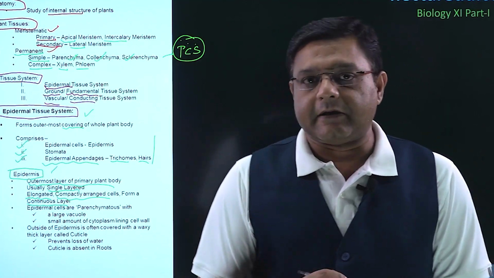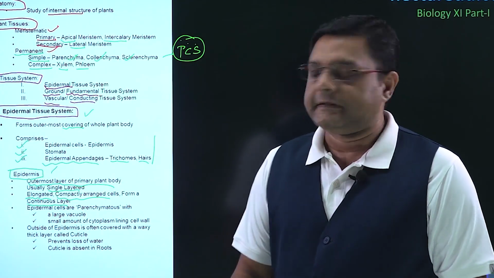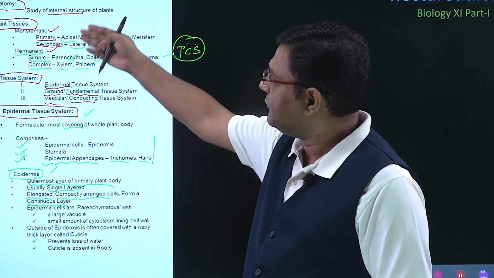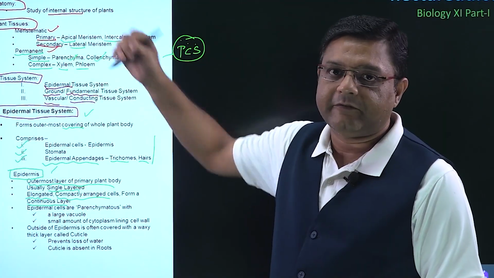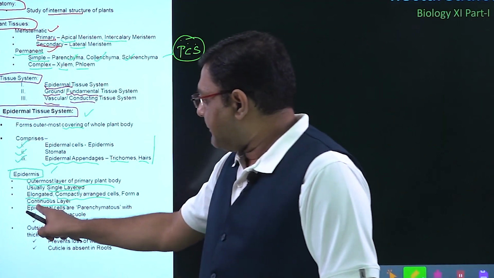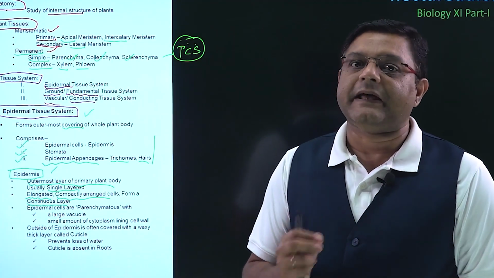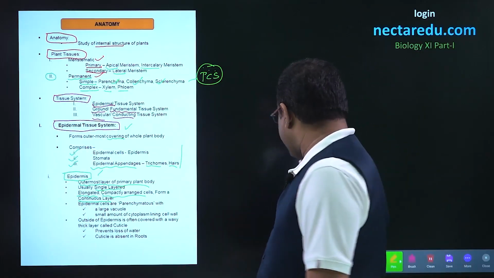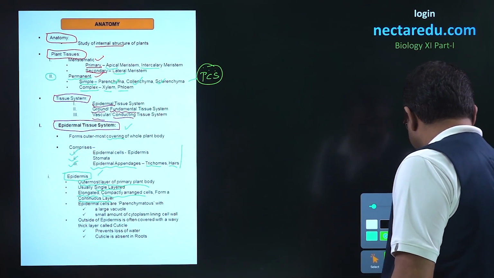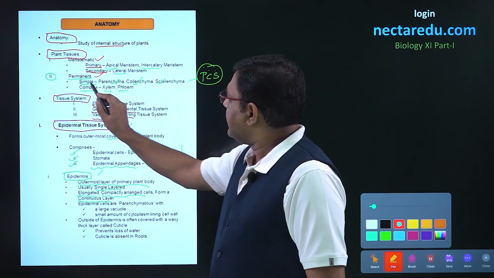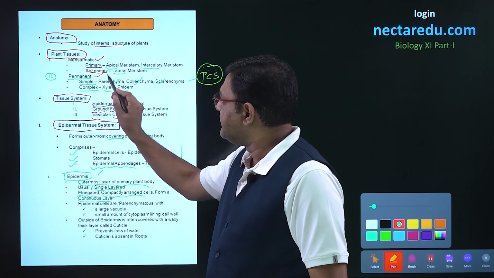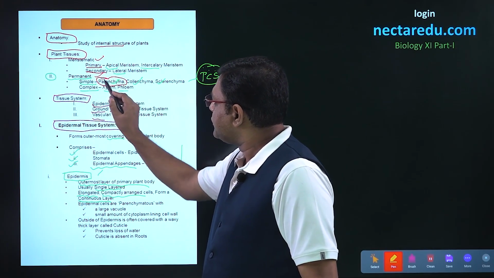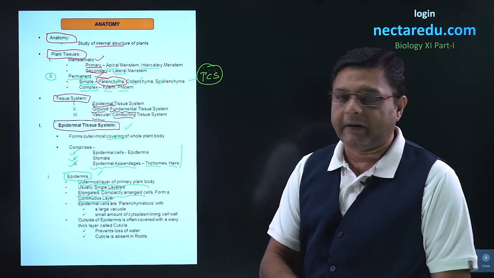Now, these epidermal cells or epidermis will be formed of one of these plant tissues that we talked about. So, epidermal cells are primarily parenchymatous in nature. If we try to find out where we studied parenchymatous, then in permanent, simple, there was a type of tissue that was parenchymatous or parenchyma.